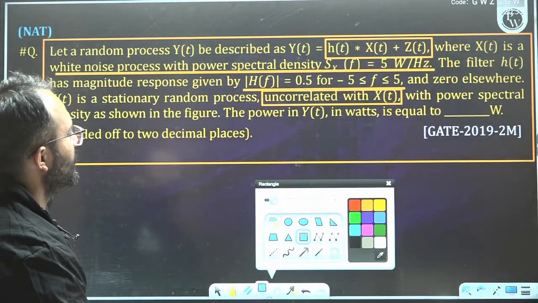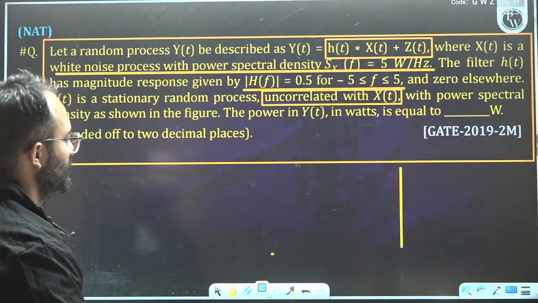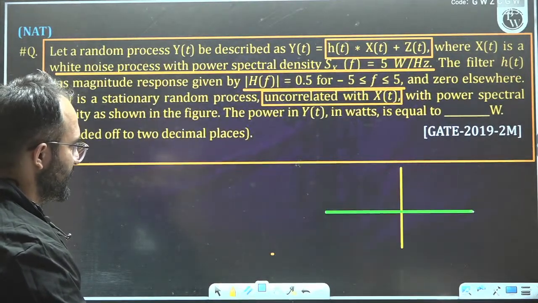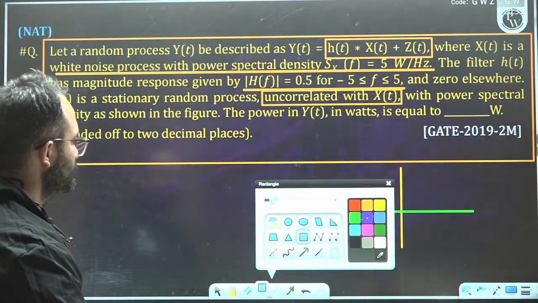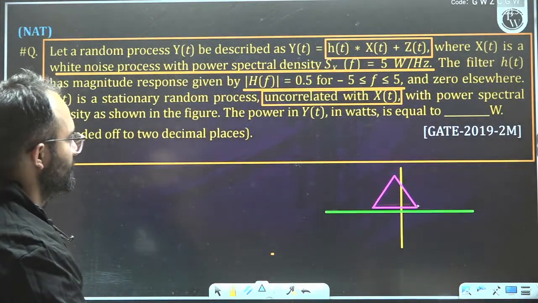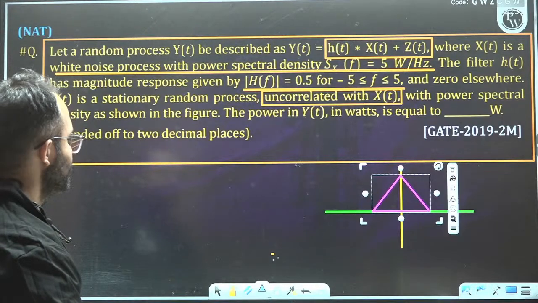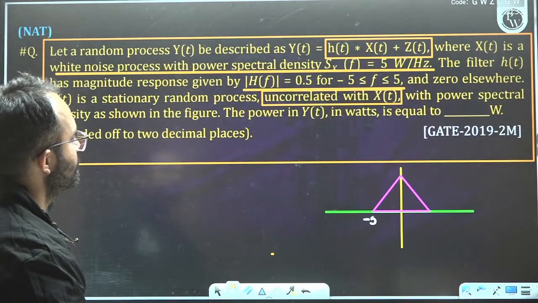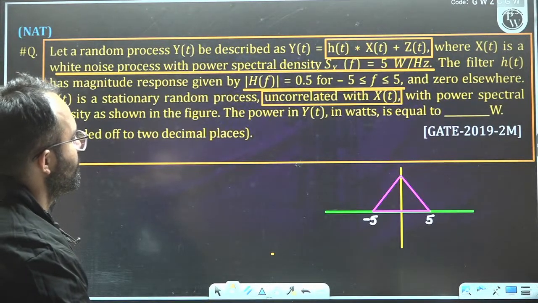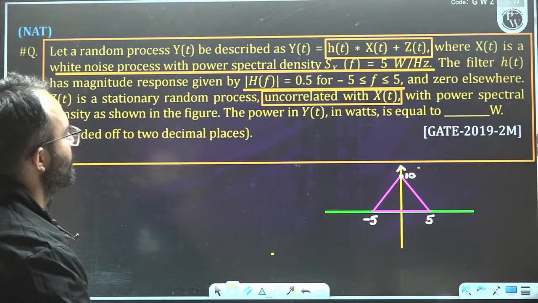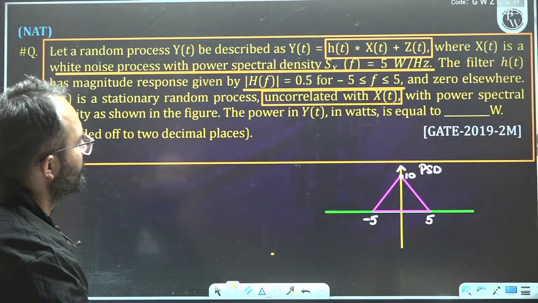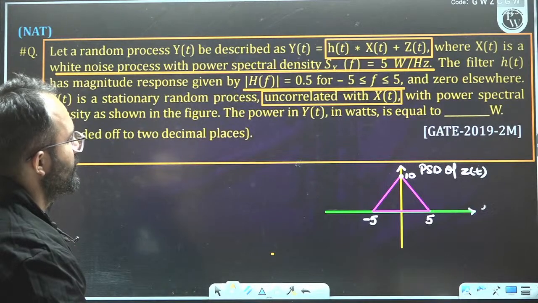Now, the power spectral density is not given. We take any figure. This is your power spectral density of Z. Okay.